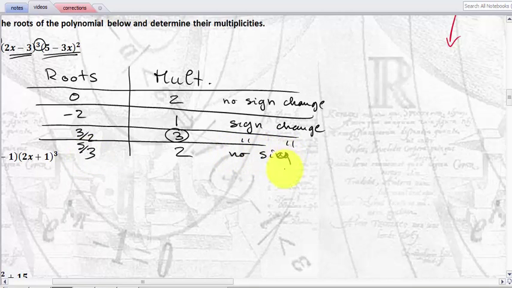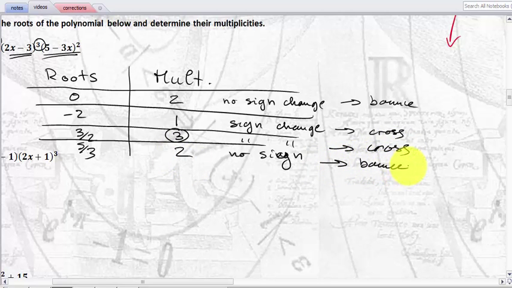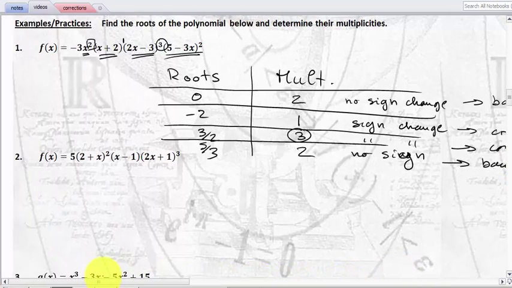So what does it mean, this sign change or no sign change? If you don't have a sign change, you don't cross, you bounce on the x-axis. Here you cross the x-axis, here you cross the x-axis, and for this root, you would bounce on the x-axis, okay? All right, please do number 2, and I'm gonna do number 4.